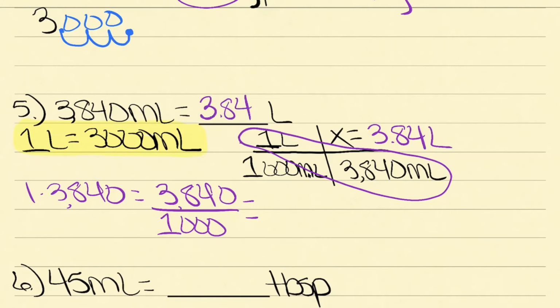3.84 liters. And I'm going to do the place value trick. So like I said, we're dividing. 3,840. Here's my imaginary decimal place right here. And so we're dividing, so that means we're going back to the left. Remember, if you're dividing, you move the decimal place to the left. If you're multiplying, you move the decimal place to the right. So I'm dividing, so I'm going to move it 3 decimal places because we are in the thousand spot.